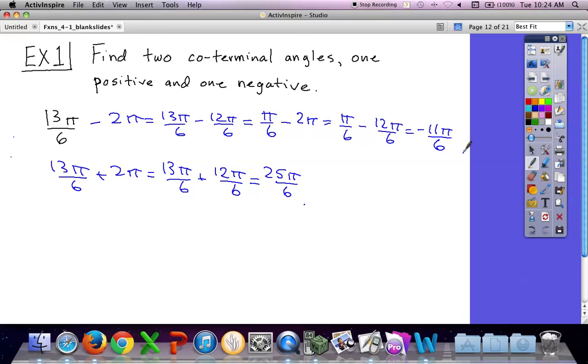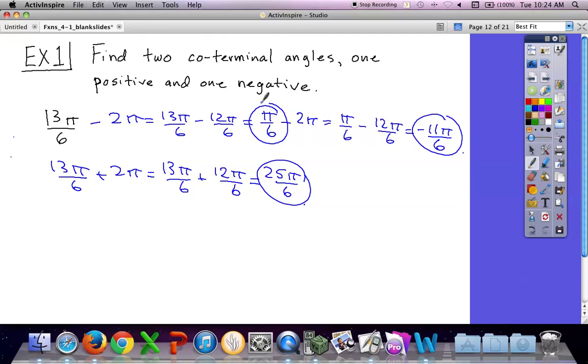So that would be the one positive is here and one negative is here. If I was going to draw that, which quadrant would that be in? Probably the easiest place to see it is in this one. Where would you find the angle pi over 6?